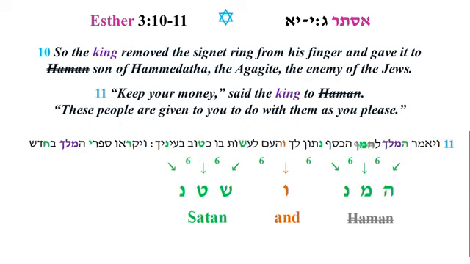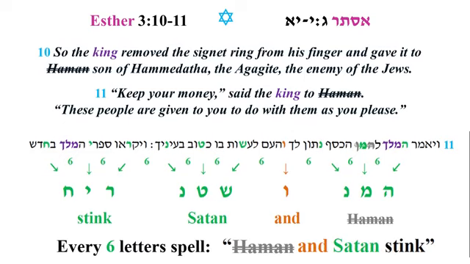Go 6 more, and you get a Resh, and 6 more is a Vav, and 6 more is a Chet. And the whole sentence says, "Haman and Satan stink." Every 6 letters apart in Esther 3:11. Very, very funny, God. Love it.